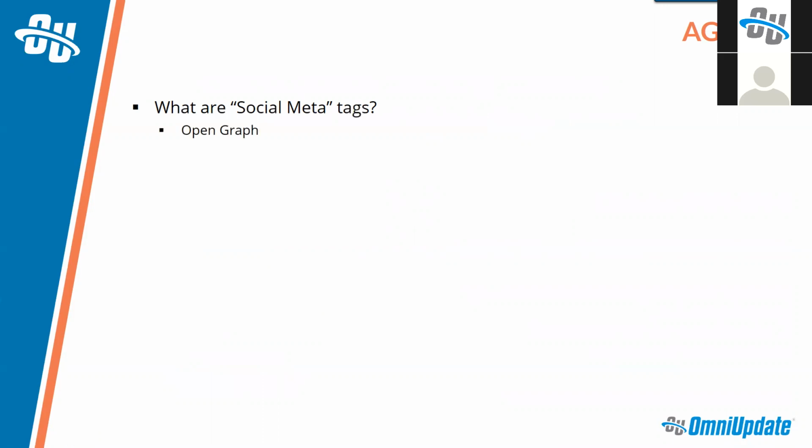There are open graph tags, which you're primarily going to be using for Facebook. And then there's Twitter cards, which, as the name implies, are more specifically related to Twitter. So those are kind of like the big two that we're going to be talking about today. There are a couple other ones that are generic, but those are going to be kind of the big two that you'll see throughout the web.